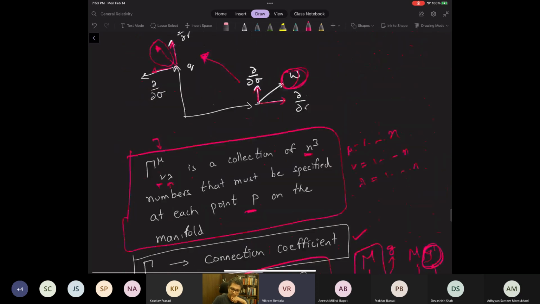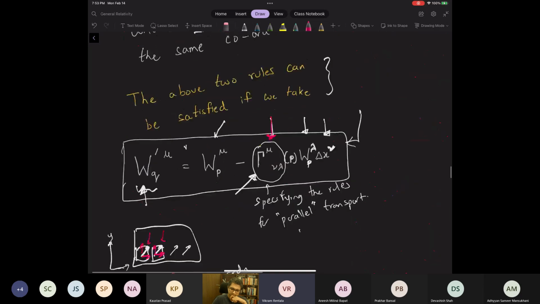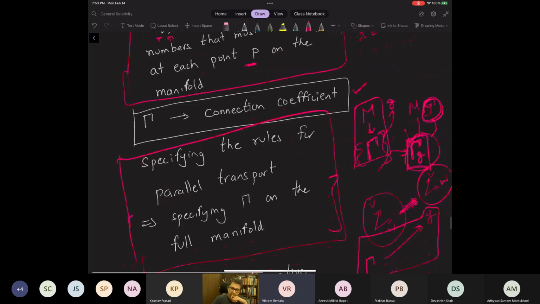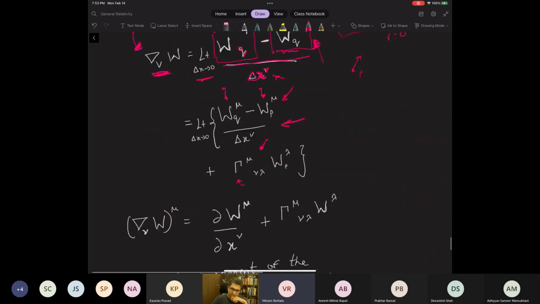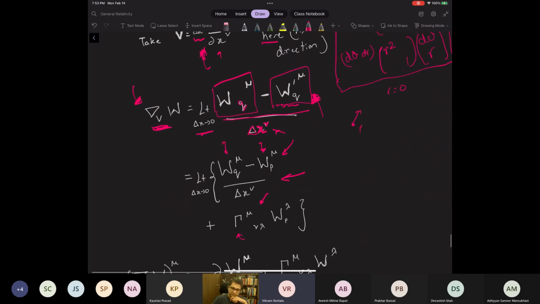We had defined these coefficients with an overall minus sign, and once you define it with those coefficients, you get a plus sign here because you're subtracting off that parallelly transported vector. So you get plus gamma mu nu lambda, WP lambda at P. And then the delta x nu cancelled out: there's a delta x nu, and then there's a division by delta x nu.